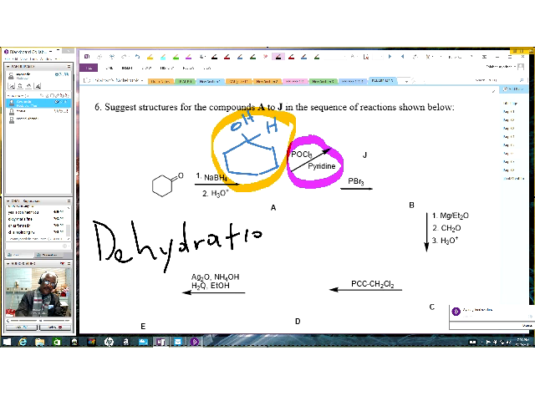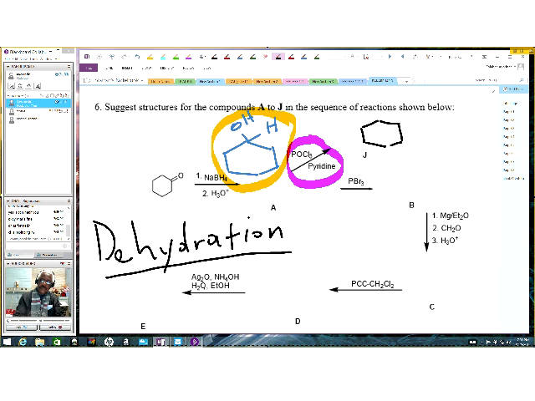In other words, it eliminates the elements of water from a secondary alcohol or a tertiary alcohol. So in this particular instance, we expect to get this product here. So we are going to obtain an alkene.